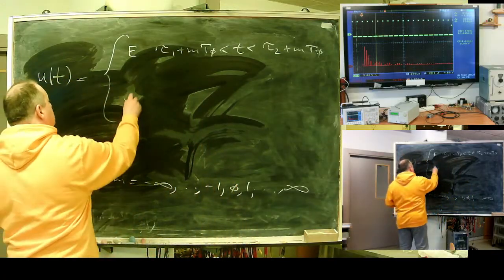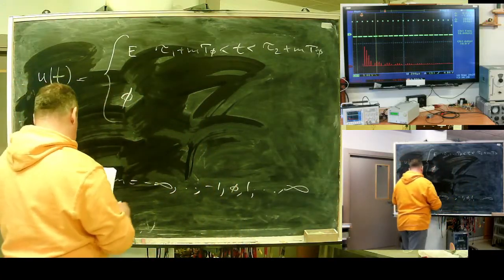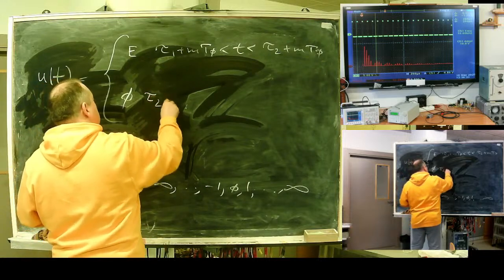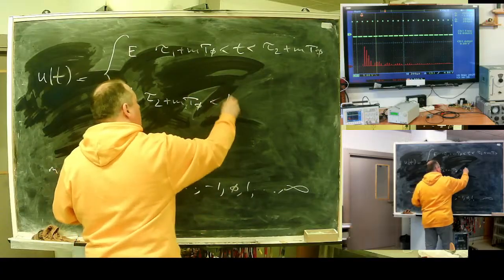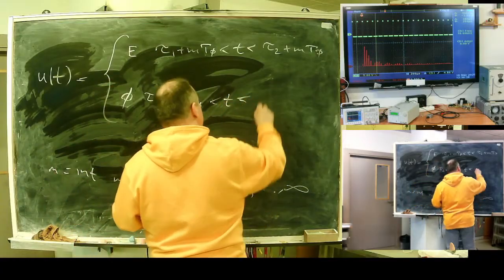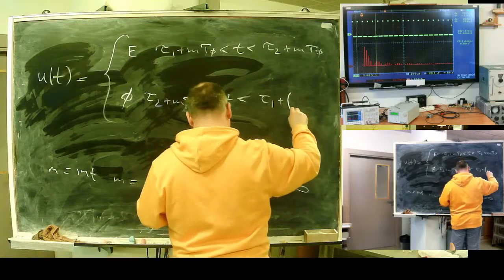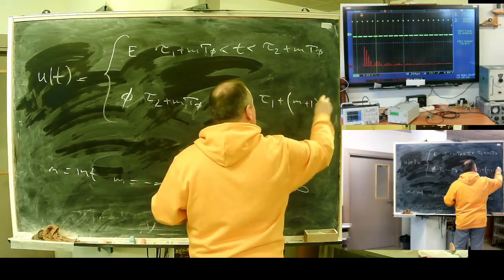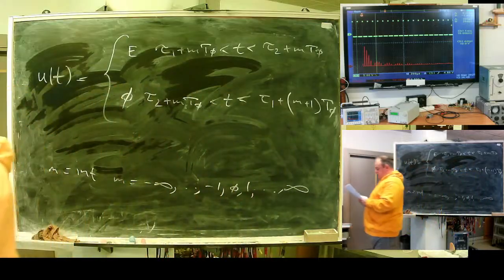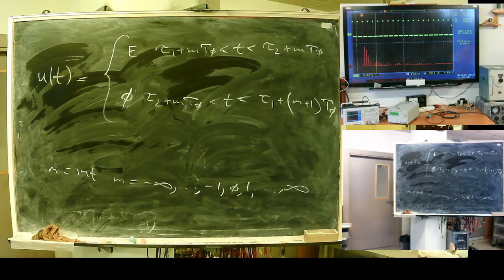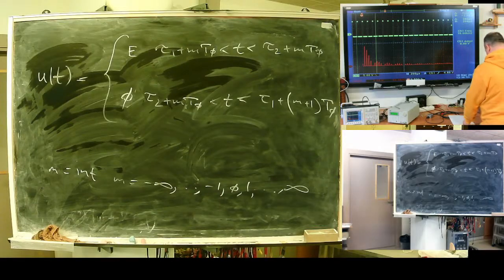And I should write 0 from tau 2 plus m T0 to tau 1 plus (m plus 1) T0. Here is the mathematical description of my sequence.